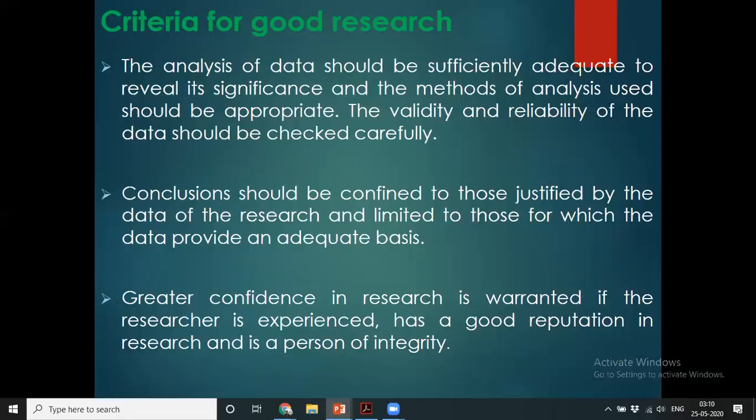Then, greater confidence in research is warranted if the researcher is experienced, has a good reputation in research, and is a person of integrity. Generally, this happens for people who have first experience in the research field of that particular topic, and which helps them to make a good reputation in research and build the integrity of the individual.